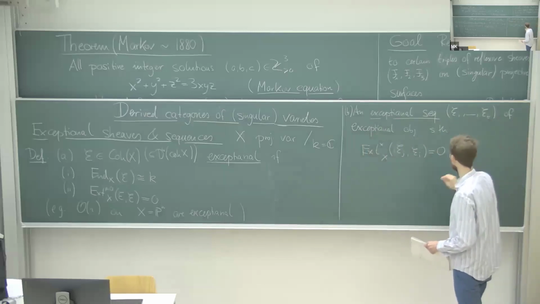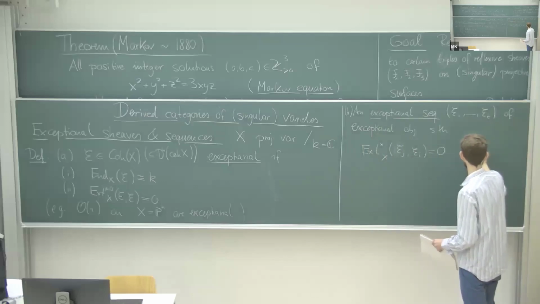So in other words, we require this to be zero if j is strictly greater than i.